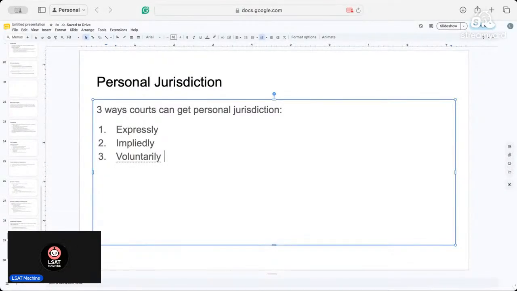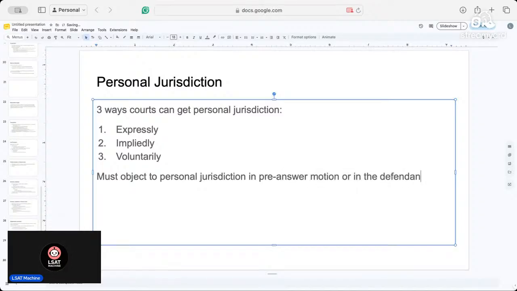If someone brings you to court and you don't want to be there, you must object to personal jurisdiction. If you want to say this lawsuit should be dismissed because the court doesn't have the power to hear it, you must do so in a pre-answer motion or in the defendant's answer.